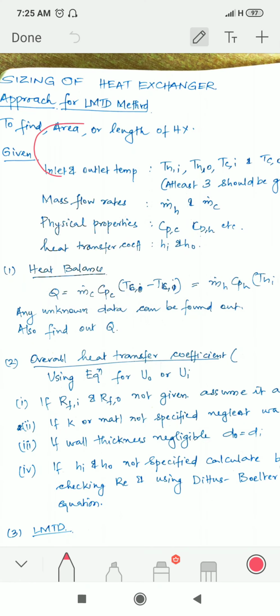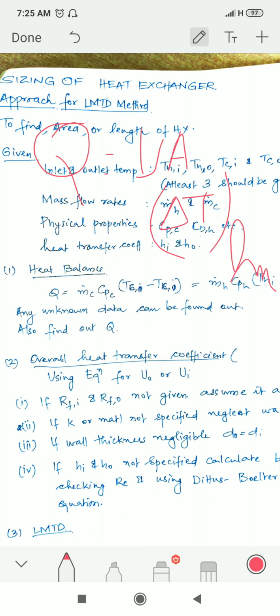We know a well-known equation, Q equal to UA into delta T LM, where Q is the heat transfer, U is the overall heat transfer coefficient, A is the area, and delta T LM is the logarithmic mean temperature difference. So in our sizing problems, area, length, number of tubes are the unknown quantities. So we need to find out area. Basically this is our unknown, so all other things should be available, right?